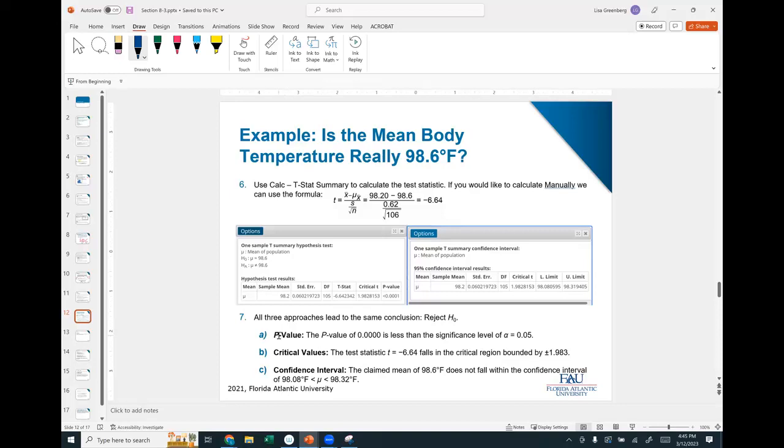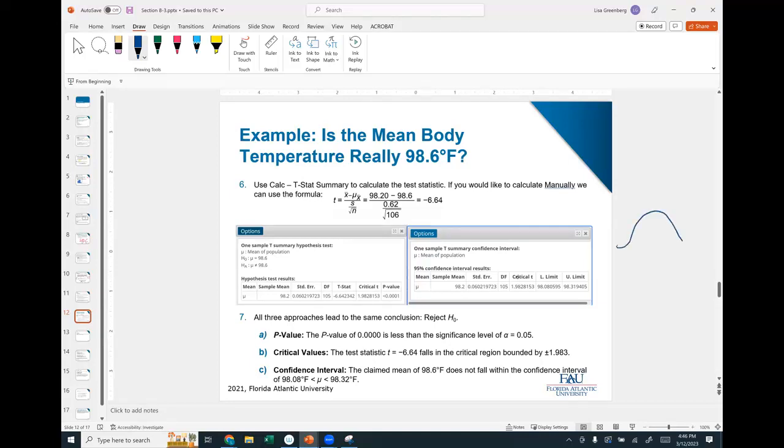We reject for the p-value because our p-value is less than the significance level. If we look at critical values, our test statistic is right here, and it's negative 6.64, which falls into the critical region bounded by plus or minus 1.983. That's our critical value, so it's outside of our critical value.